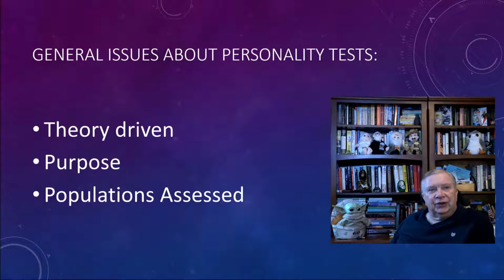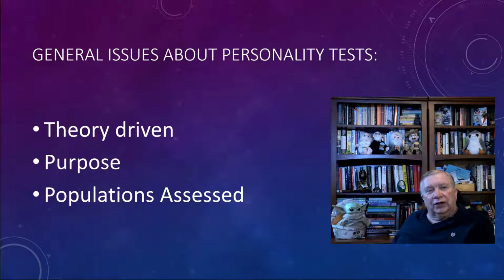But is there a theory behind the test that needs to be verified or is useful for looking at some other issues? For example, Eysenck's basic dimensions, extroversion, neuroticism, and psychoticism, have been used to study many other phenomena from vocational choice to sexual practice to psychopathology.